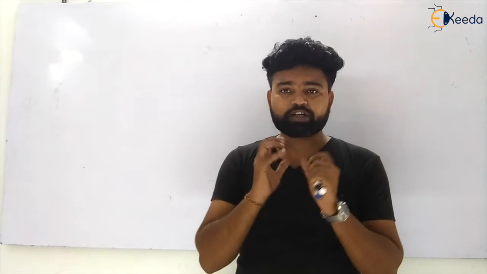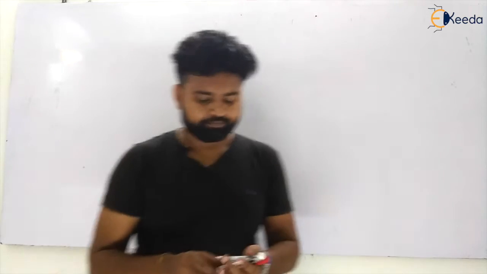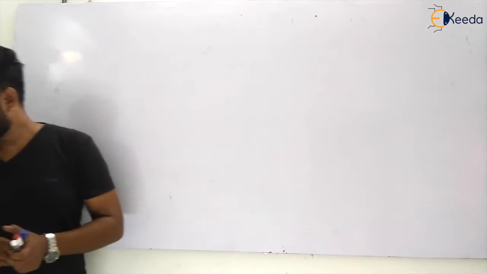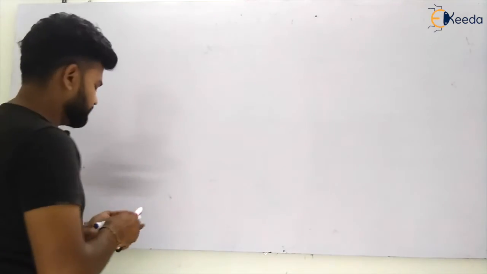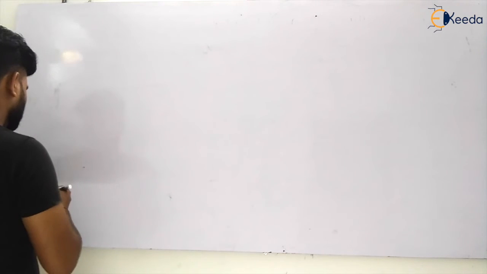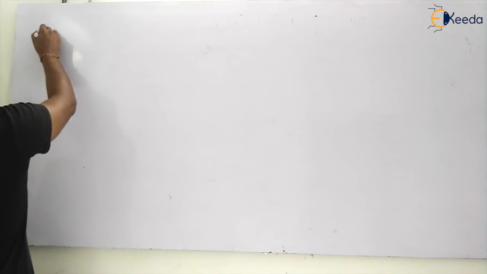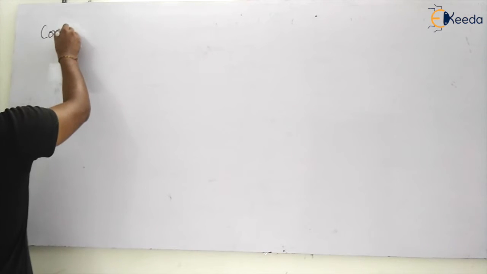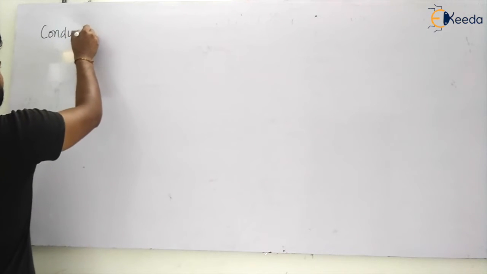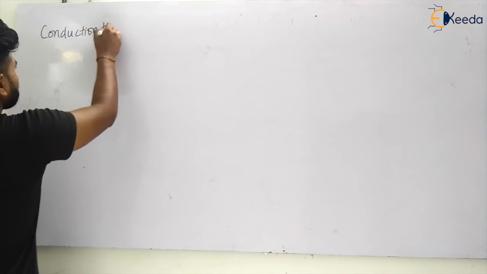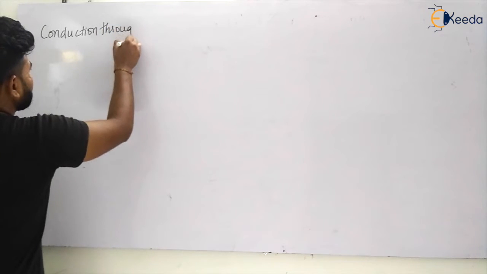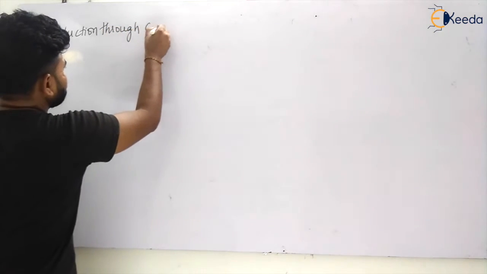Let us understand what is a steady state heat transfer through cylinder. So let us see what is conduction through cylinder, or we can say steady state heat transfer. So directly we can write conduction through cylinder.